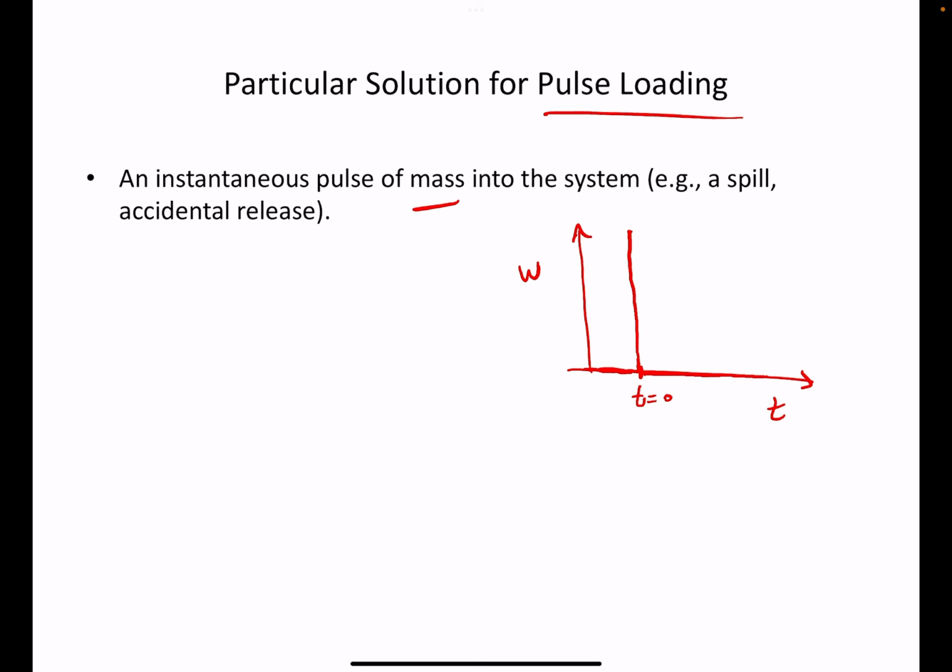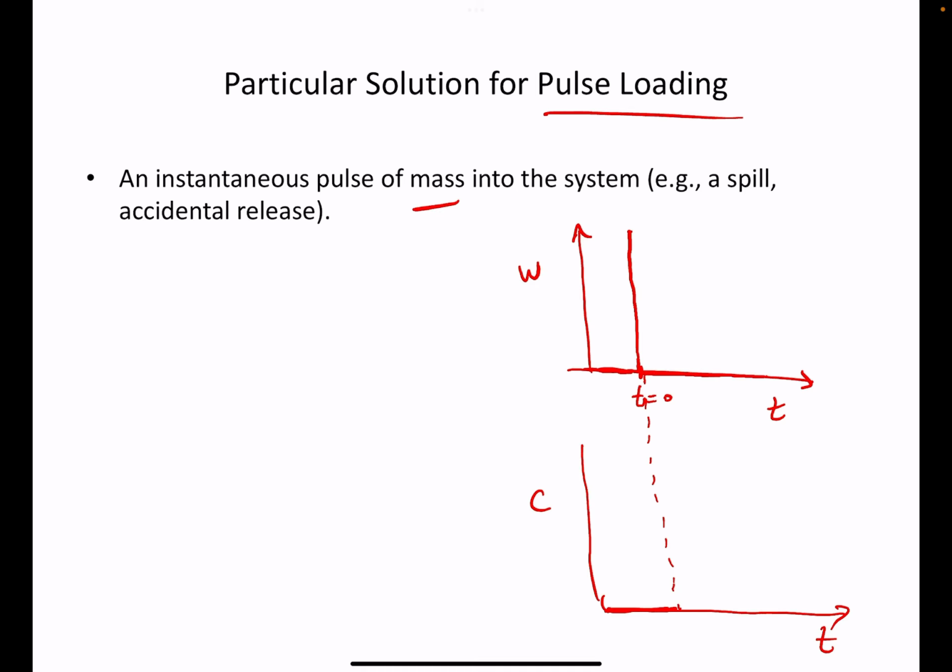If you want to represent this in terms of concentration, you can do it like this. This is time, and this is concentration. Initially the concentration was 0, because there was nothing, everything is clean.